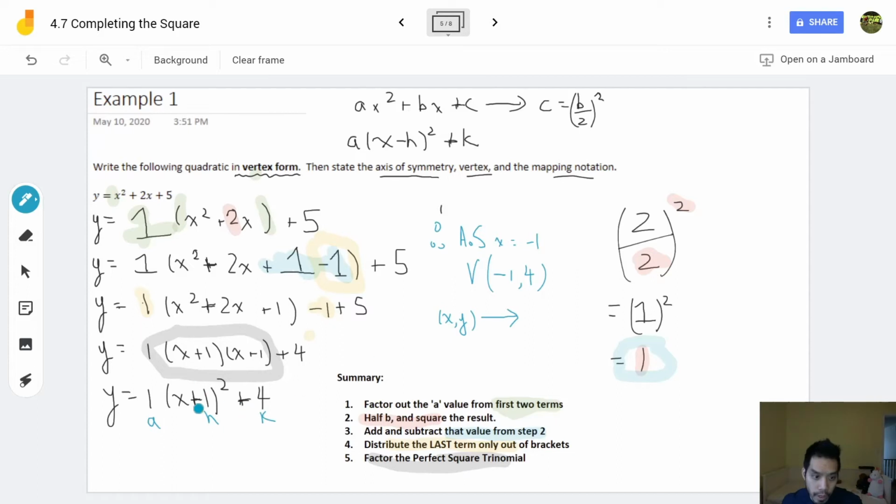So all my x values are going to be moved to the left by 1, so x minus 1, and the y values are going to be multiplied by 1, so the y values are not stretched or compressed in any way, and they're going to be moving up by 4. And there we go. In standard form you can't extract this axis of symmetry or vertex or mapping notation. You've got to convert it to vertex form, and then we can get that information. Okay, so there you have it. You've got the basics of completing the square.